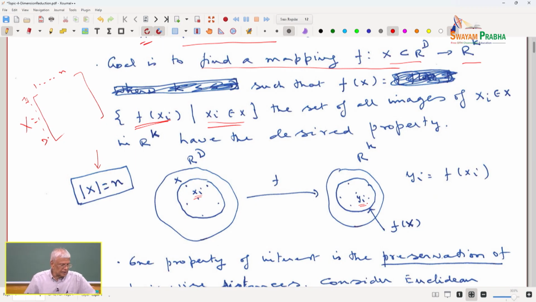I am interested in the properties of yi equal to f of xi.